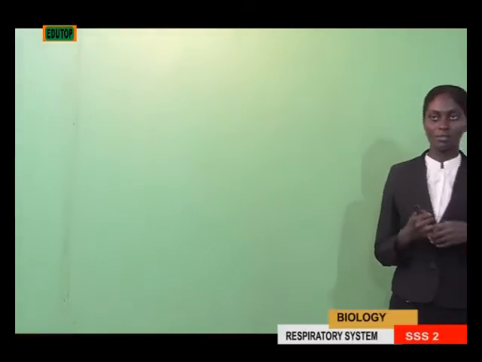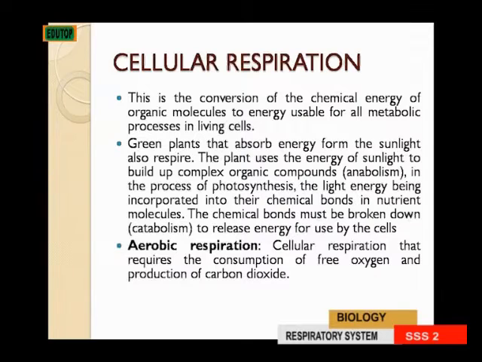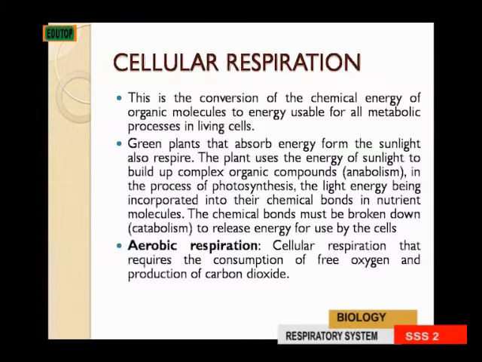Now we move to talk about cellular respiration. Cellular respiration is the conversion of chemical energy of organic molecules to energy usable for all metabolic processes in living cells. Green plants that absorb energy from the sunlight also respire, and plants use the energy of sunlight to build complex organic compounds.